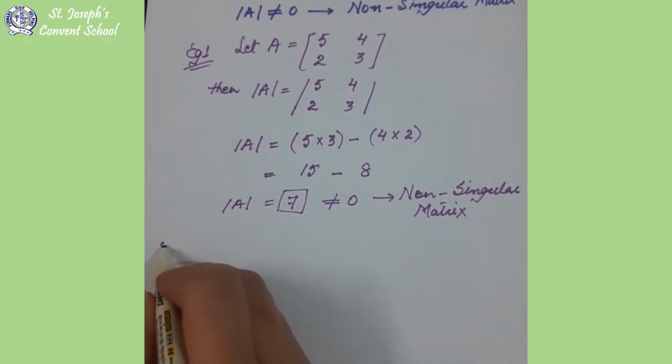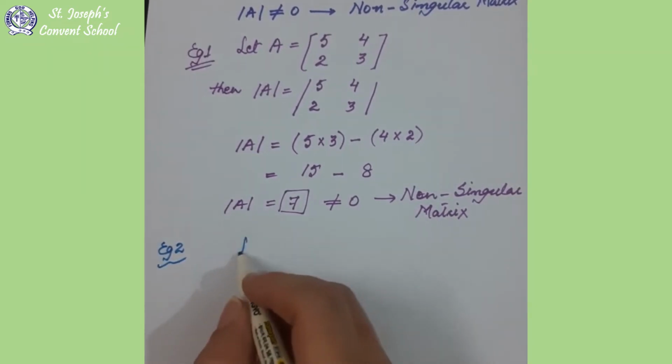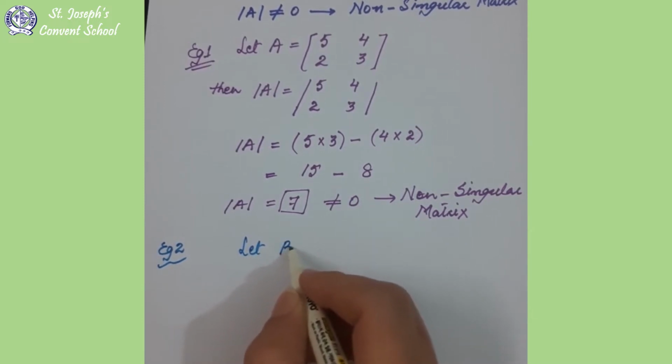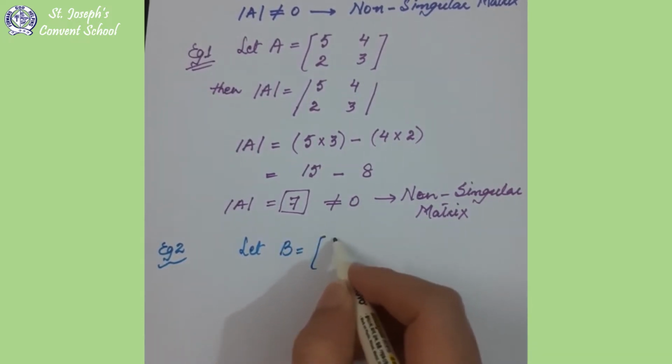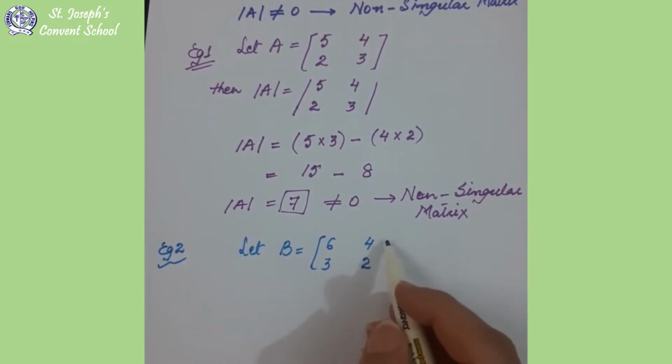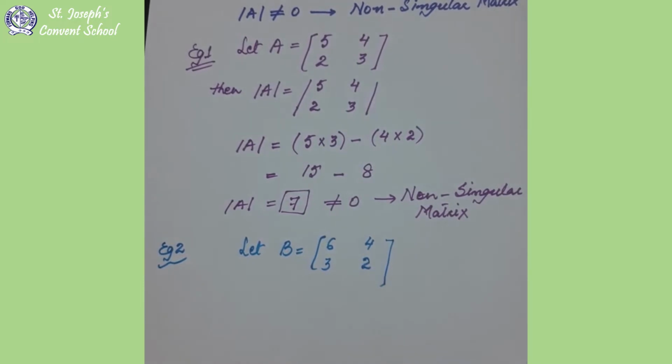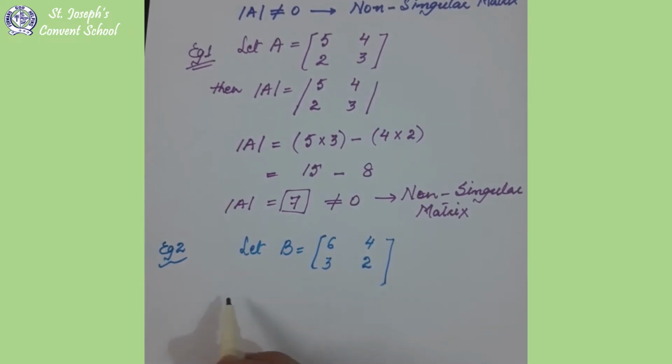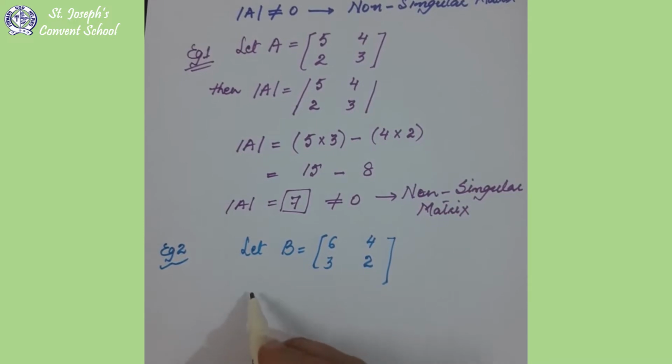Example number 2. So let matrix B be given. Matrix B is 6, 4, 3 and 2. Now you have to find the determinant. Determinant of B is 6, 4, 3 and 2.